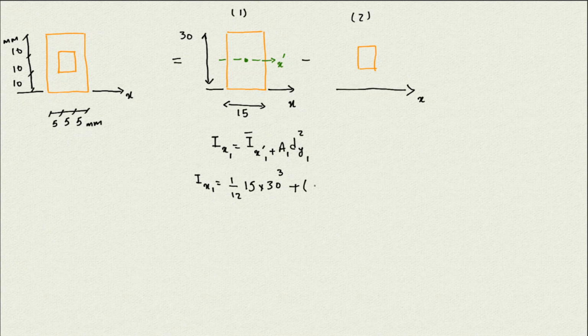So 1/12 of b h cubed plus the area, which is 15 times 30, and then the distance between the two axes, which is going to be dy sub 1. Times, and the dy is 15 squared.